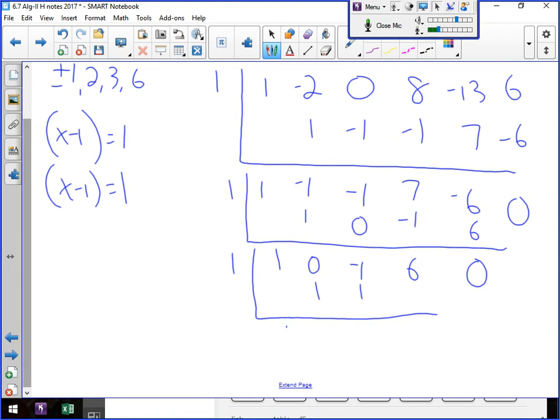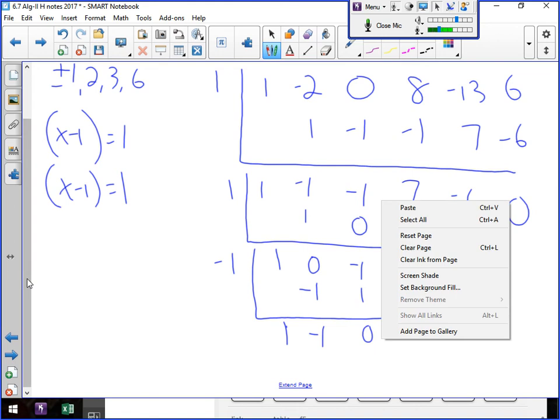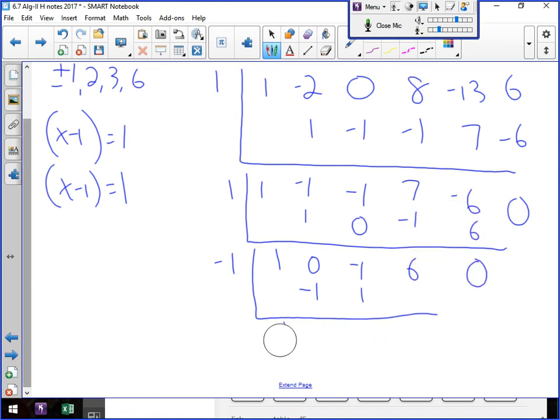Nope. Then I'll switch to negative 1. Not going to work. Was it 2? On the right track.